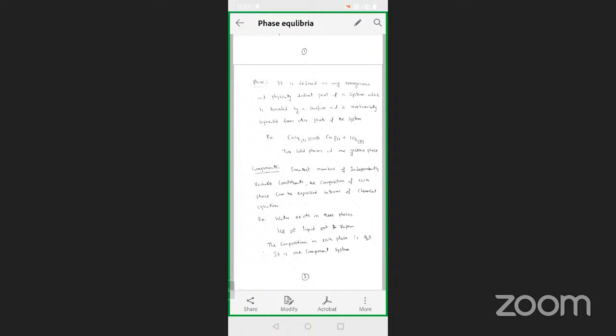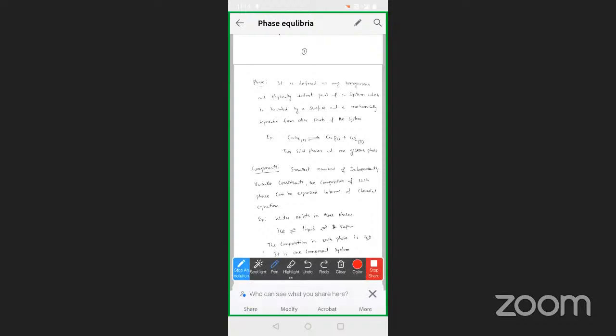The smallest number of independently variable constituents. The composition of each phase can be expressed in terms of chemical equation, whether the atom or molecule is in equilibrium from one phase to another phase. Look at this example. Water exists in three phases: solid ice, liquid water, and water vapor.